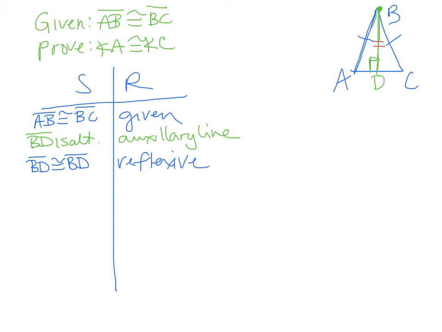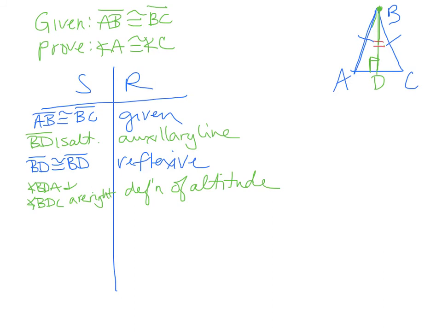And now what I'm going to do is I'm going to say, angle BDA and angle BDC are right, and that is the definition of an altitude. They're perpendicular, they make a right angle.